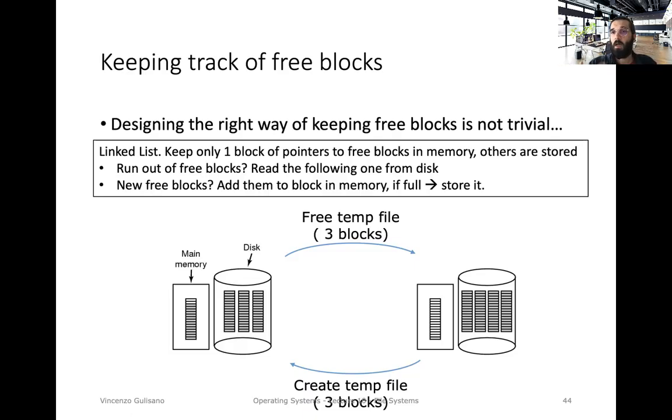And if this is happening a lot of times in a cycle, in a small amount of time, you see that your desire to optimize the thing actually led to a solution that creates a lot of overhead and a lot of writes and reads from the disk and creation of space in memory, because you are just unlucky and you end up in one of these corner cases. Okay, it's just a small example to show you things that can happen that make designing a file system and other parts of the operating system too complicated.